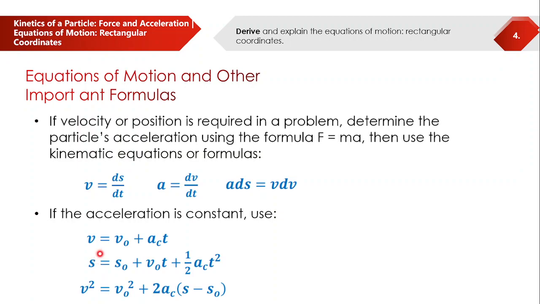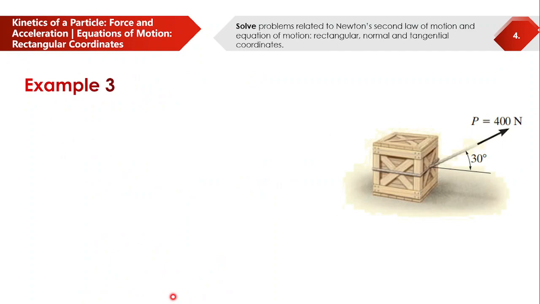And if the problem requires the distance, or the position of your particle after it was pushed by a certain force, then you use these formulas. If the acceleration is constant, you can use this formula. Okay? So let's have an example for that.